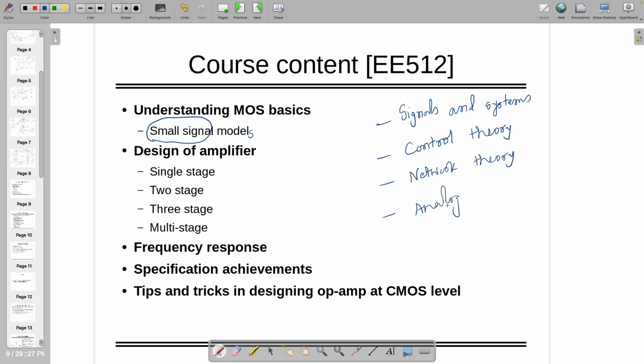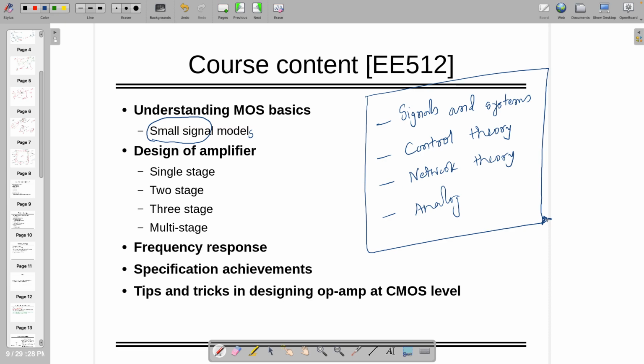Even though I am going to give you some bridge theory so that you can understand things, these things are going to be there, which deal with the whole course content, right? So these are kind of prerequisites, I would say. Okay, so then things will be easier.